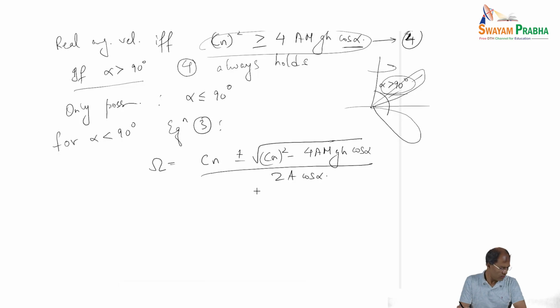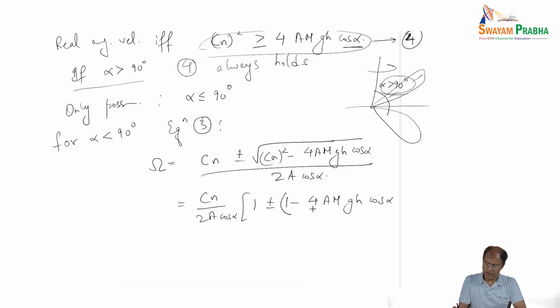If we rewrite this, it is Cn by 2a cos alpha times 1 plus or minus the square root of 1 minus 4amgh cos alpha by Cn square.